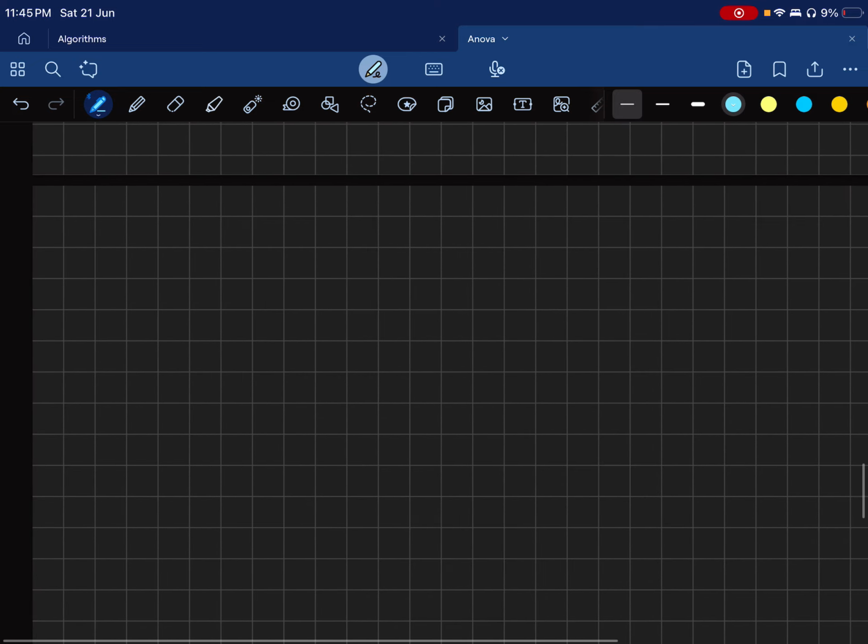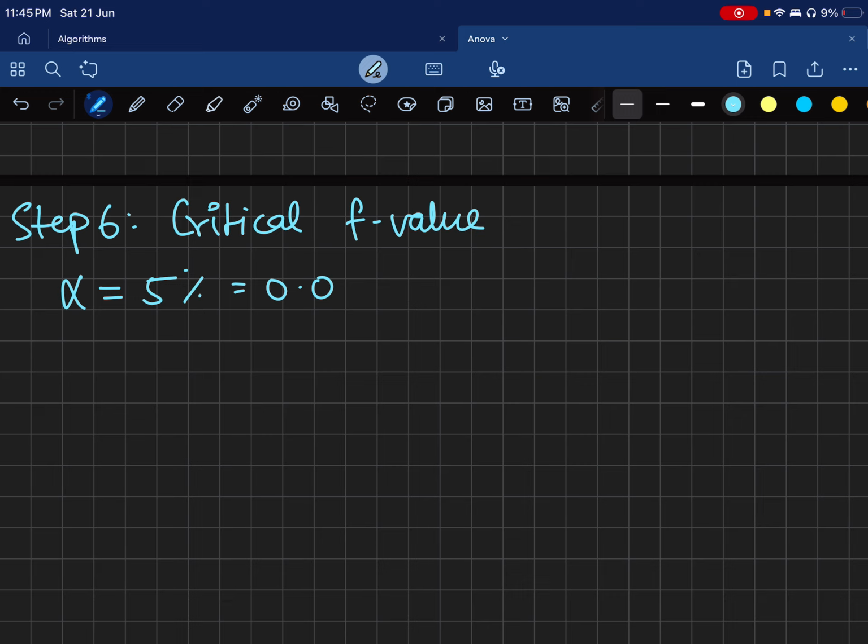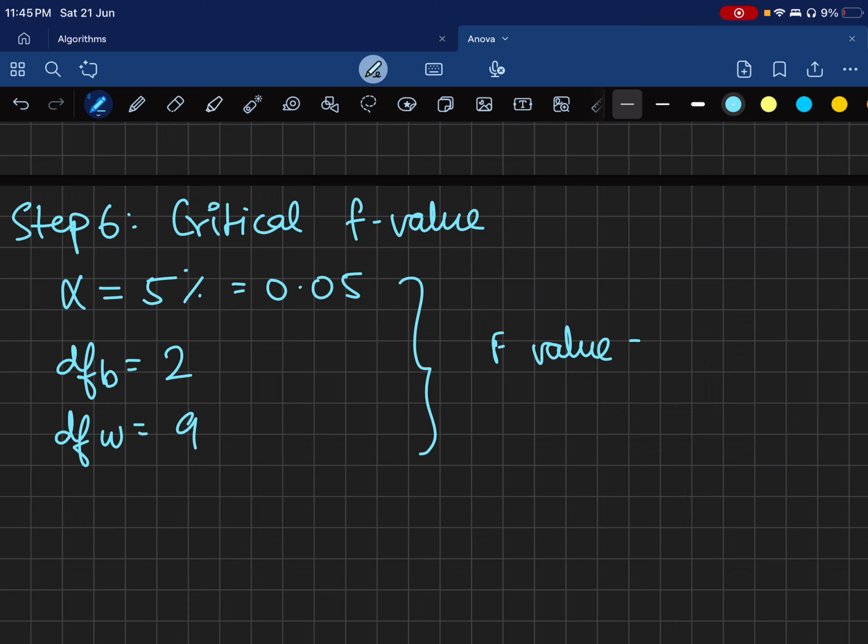The final step is you have to find the critical F value, which will be given to you in the question in usual cases. Okay, so the critical value for significance level 5%, which is 0.05, for DFB equal to 2 and DFW equal to 9. For these values, the F value is given to you as 4.26.